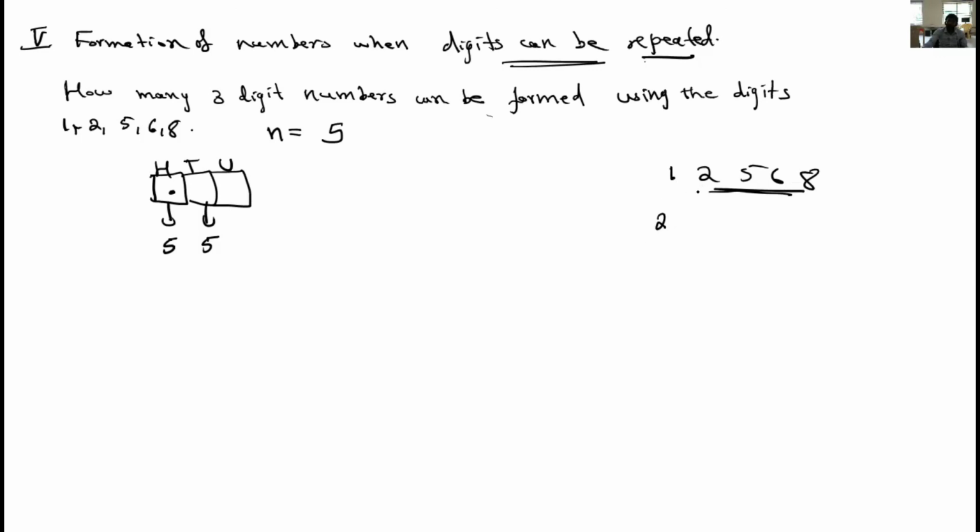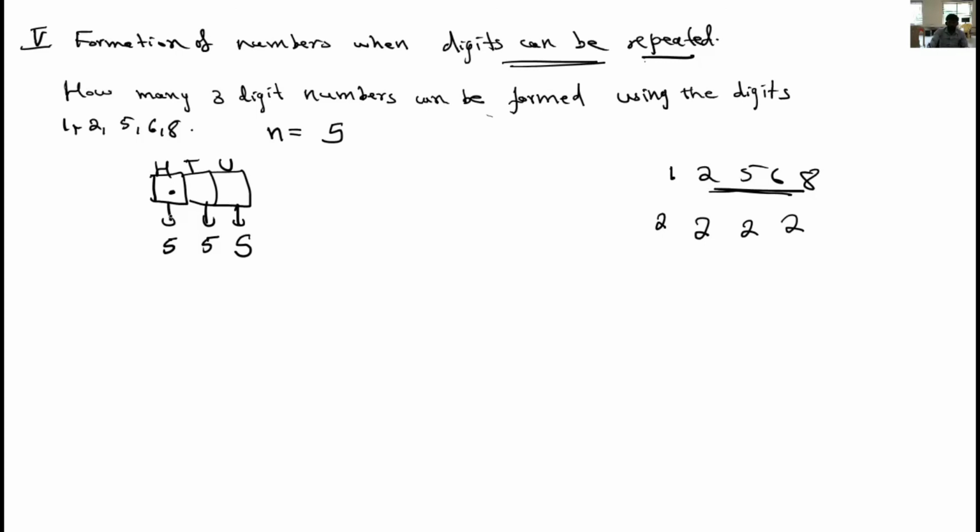But in the question they mentioned, right, digits can be repeated. Again you can take the same 2 here, or again you can take the same 2 here. So for the tens place 5 numbers are available, as well as for the unit place. Clear? Whenever digits can be repeated, you can use the same number in the tens place or unit place.